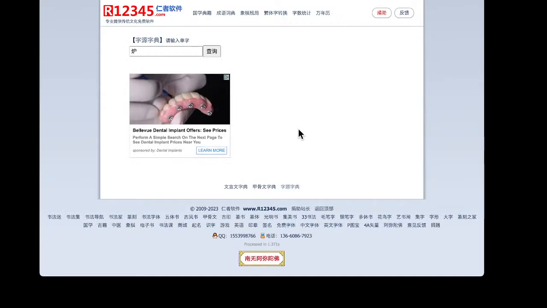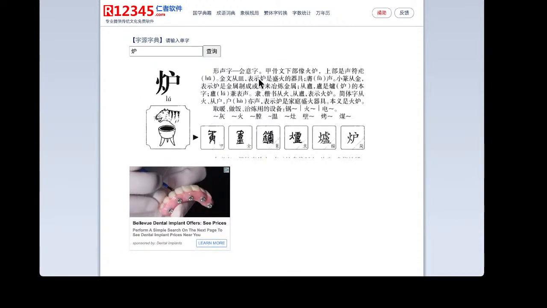Let's take a look at that character. You can see in the oracle bone character that there is something on top, and on the bottom is actually a picture of the stove. In the bronze inscription, they have the metal radical on the left to indicate that this is a stove for making metals.